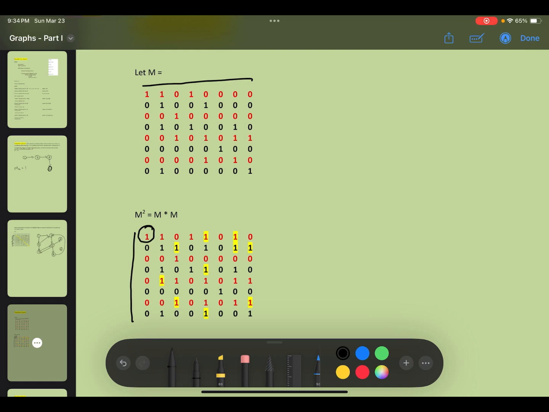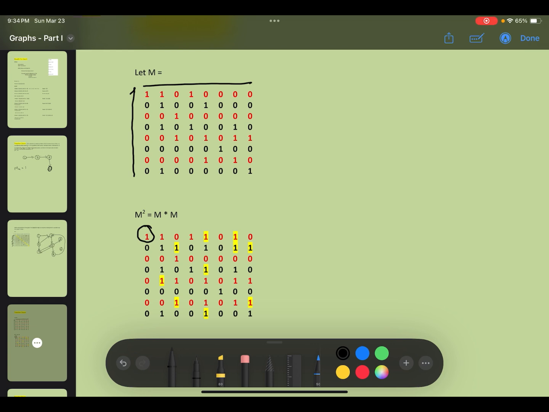So let's look at that. First we have the first row, 1 1 0 1 0 0 0 0, and we are going to multiply these values respectively with these values, 1 0 0 0 0 0 0 0, and we will add them together to obtain one final value which we can put here.